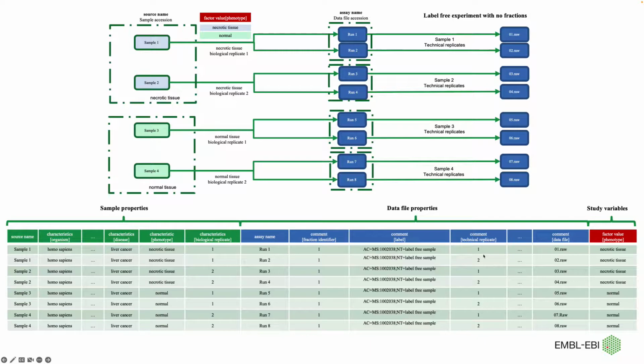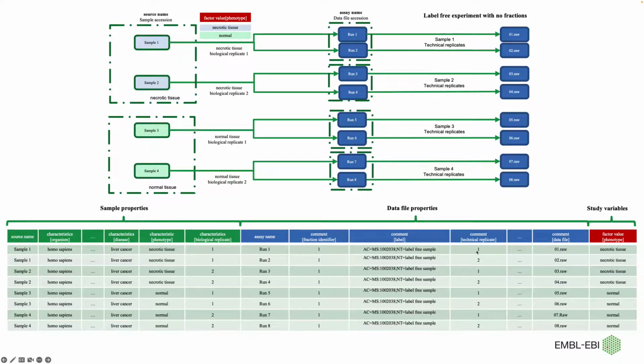Then you can have the same relation if this is only one technical replicate, but you have two fractions. Then the relation between the sample and the data is actually defined by the technical replicate, the label, the fraction, these three things, mainly.